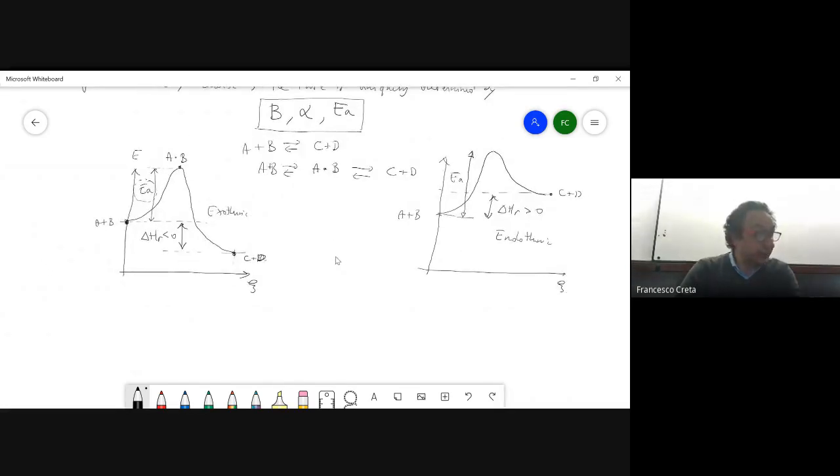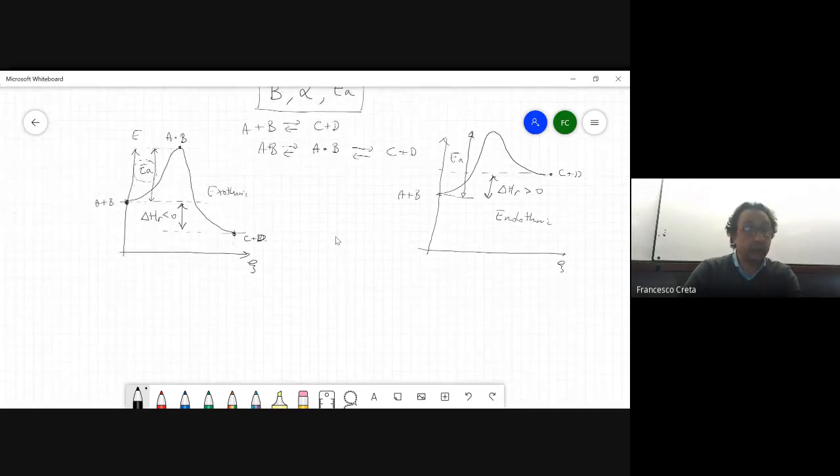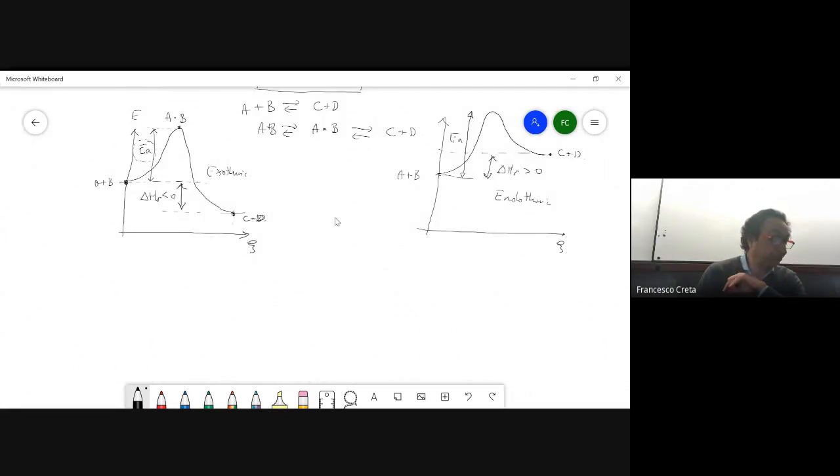Another thing that we can say here is that, suppose the temperature exponent is 0, and suppose that B is a constant. The reaction constant here will simply be some constant times the exponential of minus EA over RT.